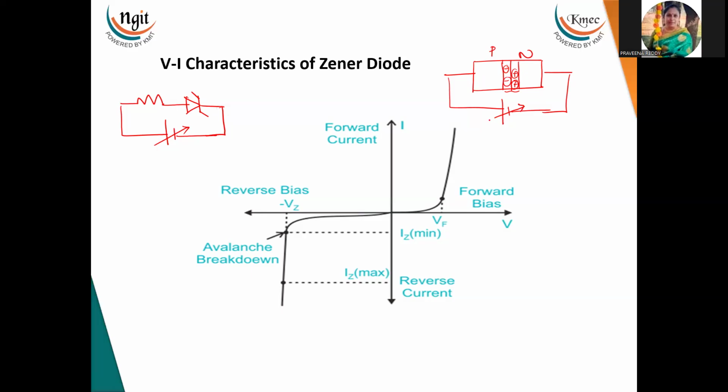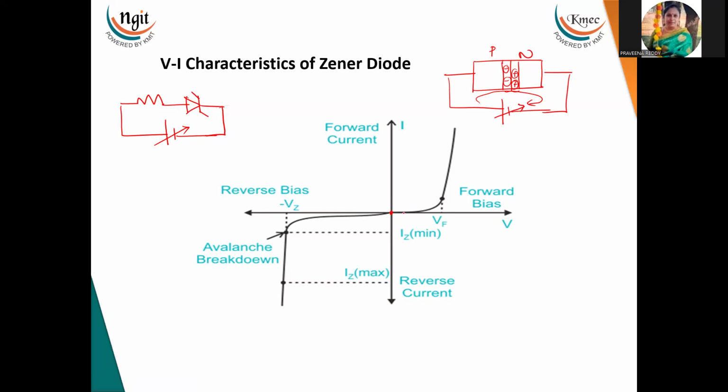When we apply the forward bias, free charge carriers in the P region and N region attain high energy and try to cross this junction, so the current flows in this loop. This operation is similar to the normal PN junction characteristics.